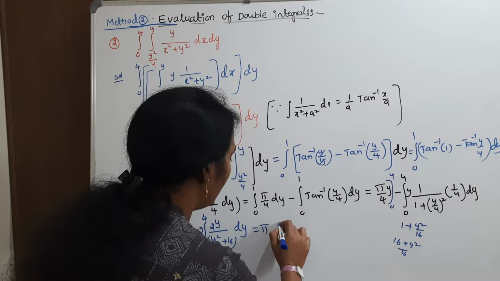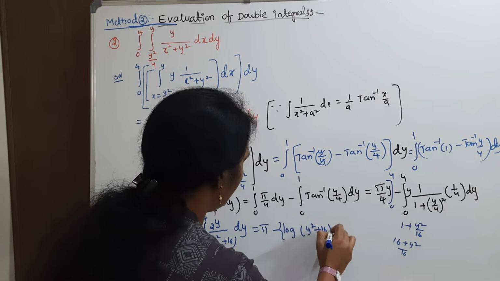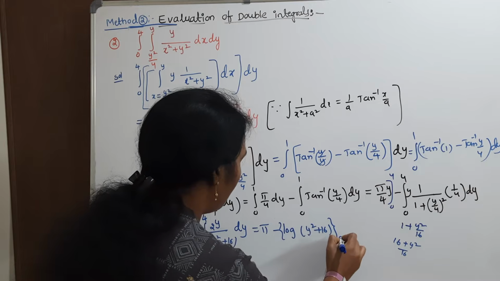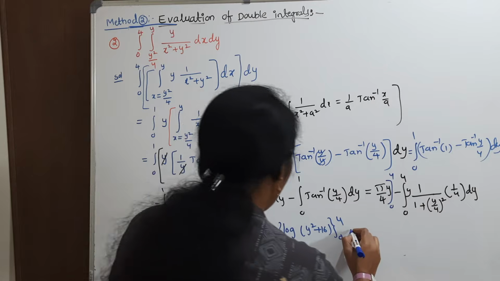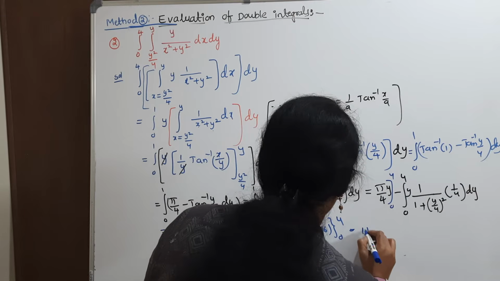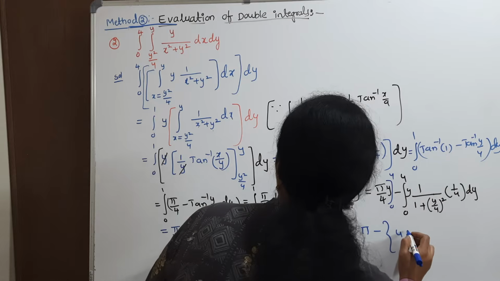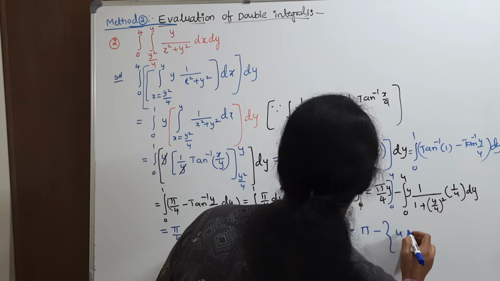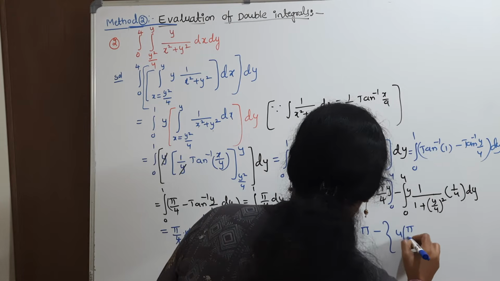Log of what? x is what? y square plus 16. Now the integral is 0 to 4. Now see how I write this, which is nothing but pi minus of 4. Here in the place of y, put the 4 into pi by 4.